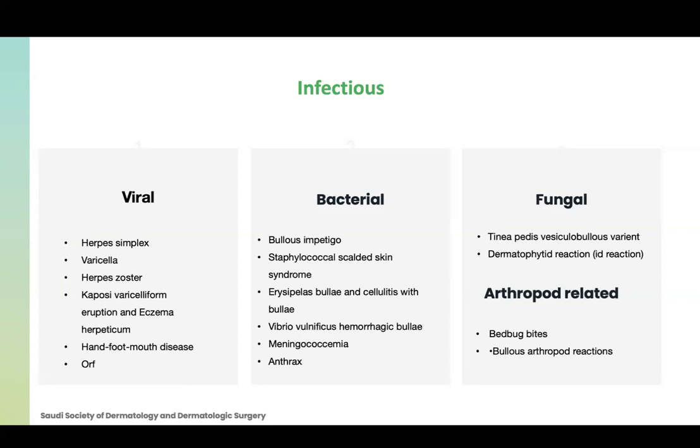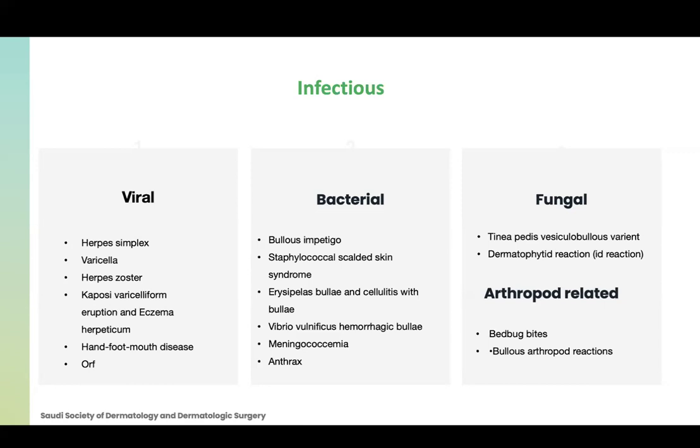So for the viral, the most common one is the herpes simplex, whether it's oral herpes, genital herpes, or generalized herpes. And also we have the varicella infection and the shingles, herpes zoster infection.